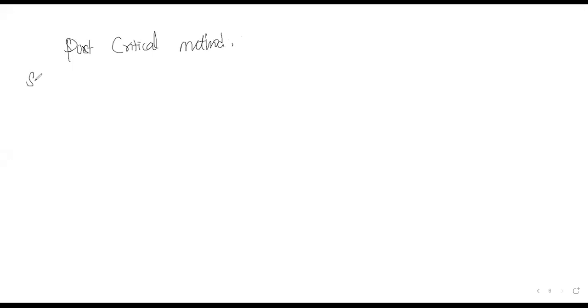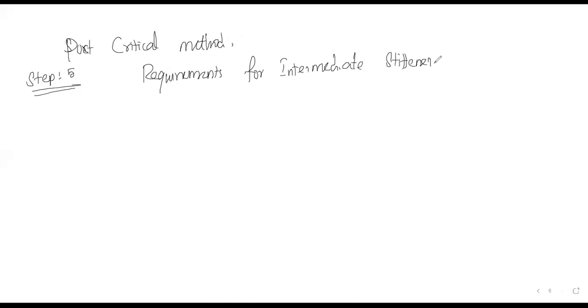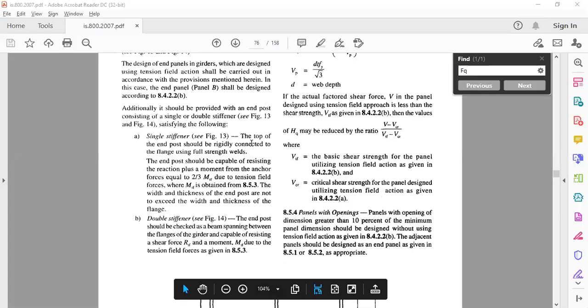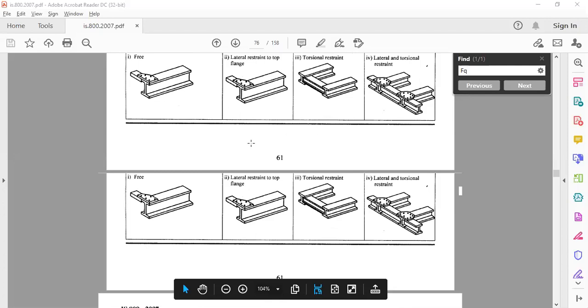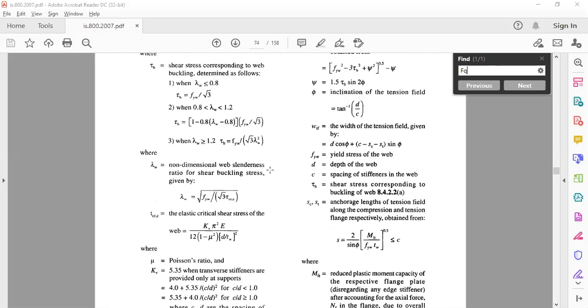First, step 5, requirements for intermediate stiffener. Here we have some constraints with respect to our IS 800:2007, from page number 60.